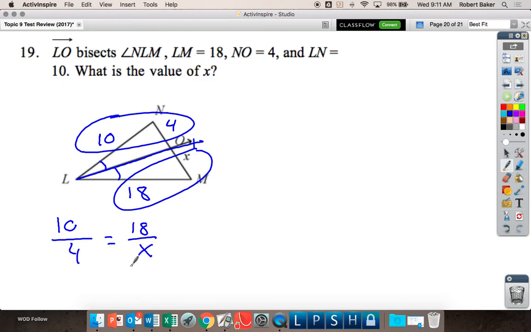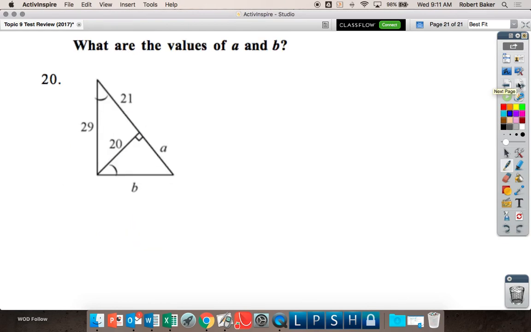All right, last one. Ooh, what are the values of A and B? First question. Are these both right triangles?